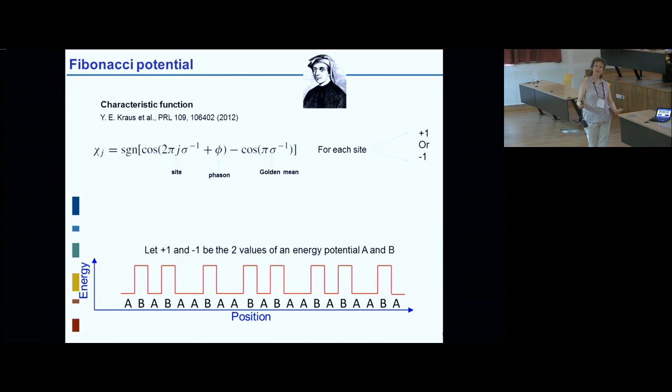Okay. So, the idea is that we want to create this sequence of B, A, B, and so on, and try to convert this into a potential for our polaritons.